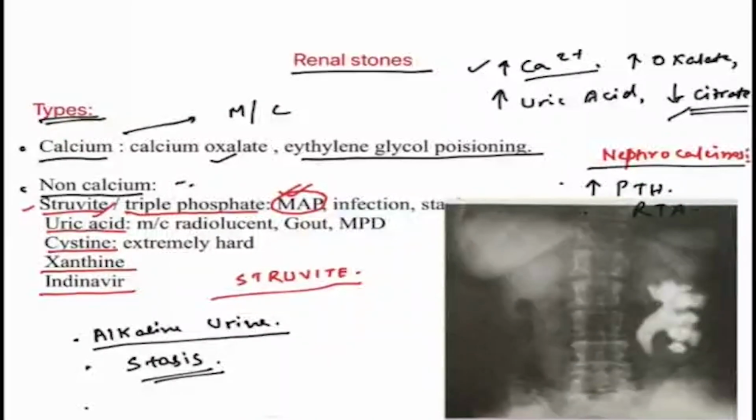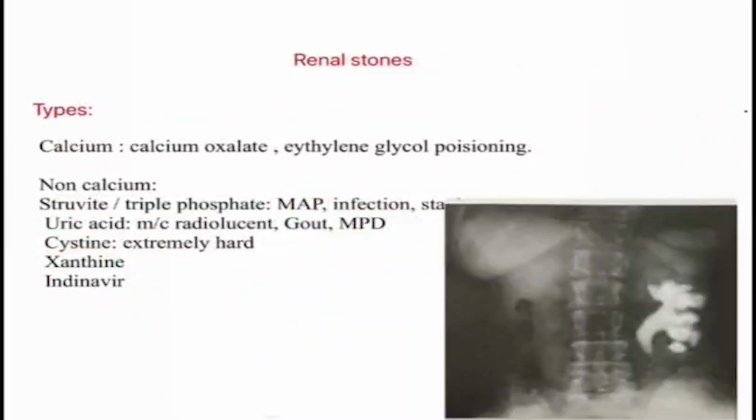Other stones are normally treated by alkalinization of urine, but this struvite stone is formed in alkaline urine. So we have to be careful about giving syrups containing bicarbonate, which are used for alkalinization of urine.